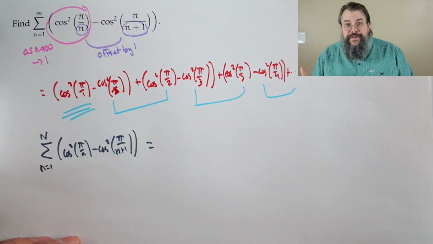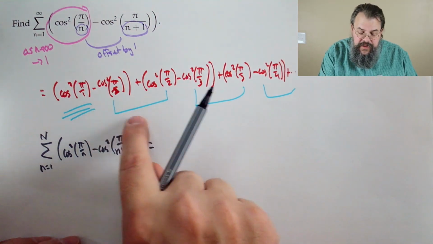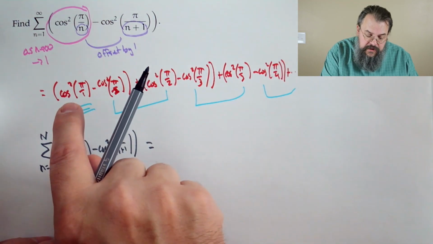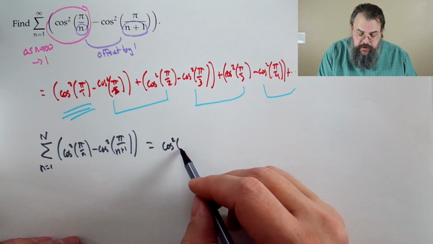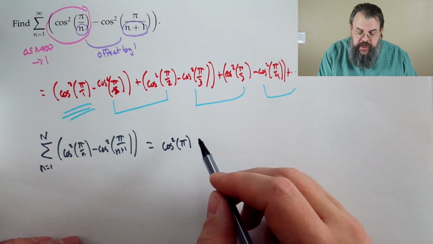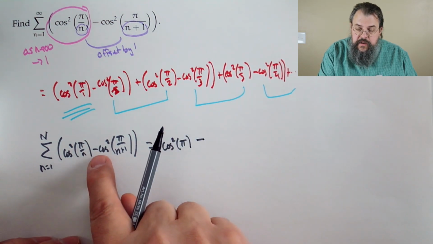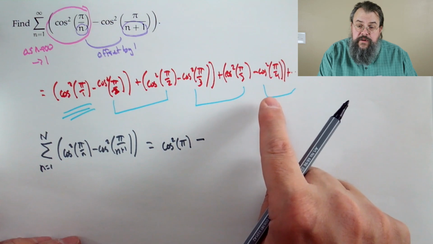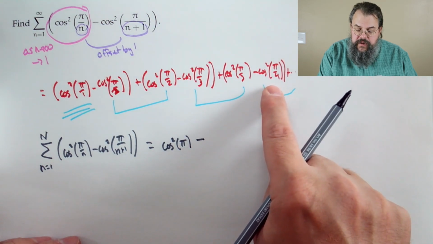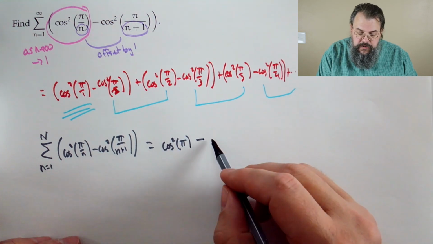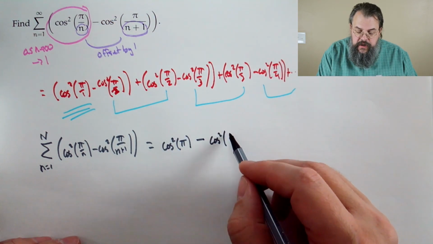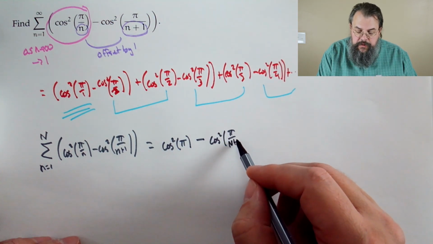It stops at some point. Everything canceled except the very first term, cosine squared of pi, minus the very last term. For example, maybe it would be cosine squared of pi over 4. It just depends, but in general it would be cosine squared of pi over capital N plus 1.